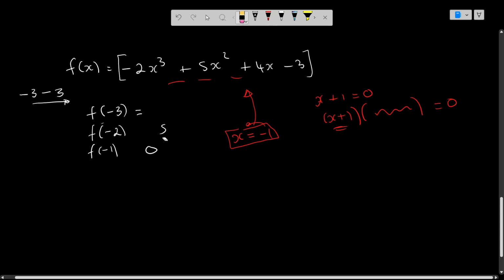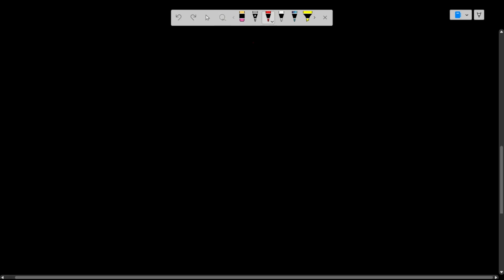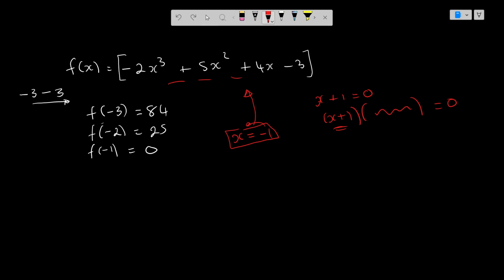Remember, the first thing that you do is you first find the value that will make this whole expression equal to 0.